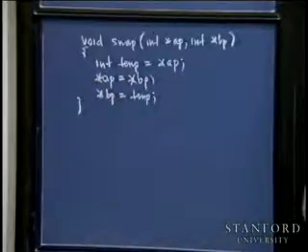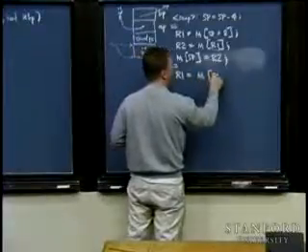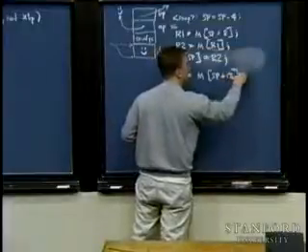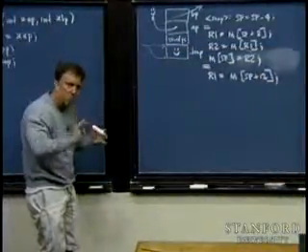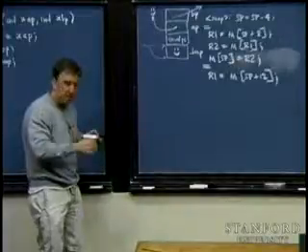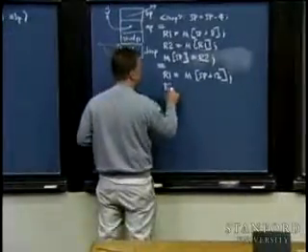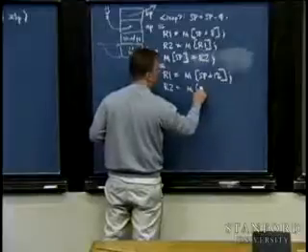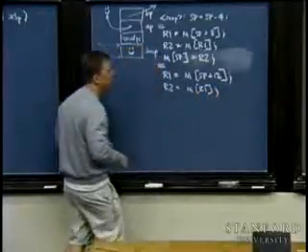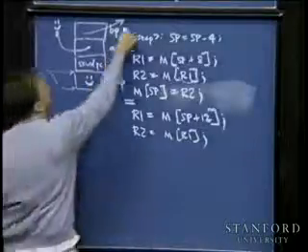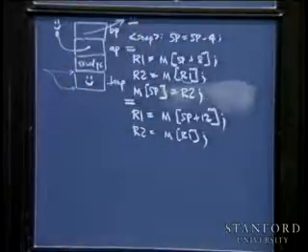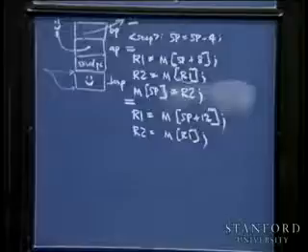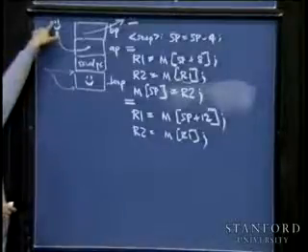I will do R1 is equal to M of SP plus 12. That loads just the value of BP, because that's what's stored as a variable on the stack frame. In R2, I'll do M of R1, but R1 has a different value this time. Maybe it is the flat emoticon. That gets loaded into the R2 register. That's what actually has to be written over this smiley face right there.